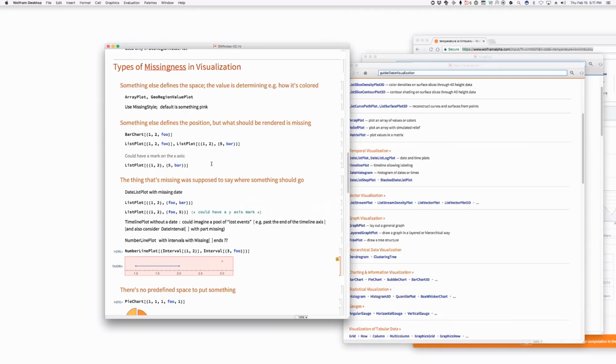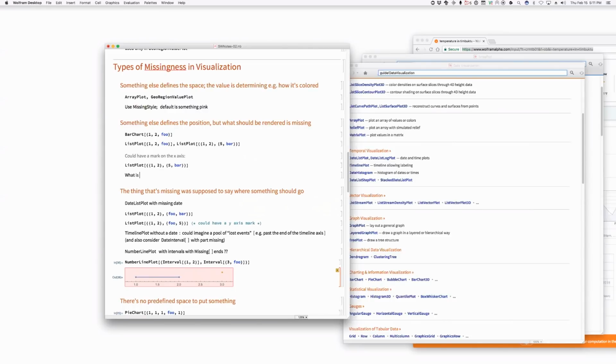So what if that had a pink dot? A pink tick or dot. For example, in the case of bar chart, we know the x coordinate, but we just don't know the height. Well, we'd have to design a thing in each case. But in the case of this list plot, we know the x coordinate, we don't know the height.